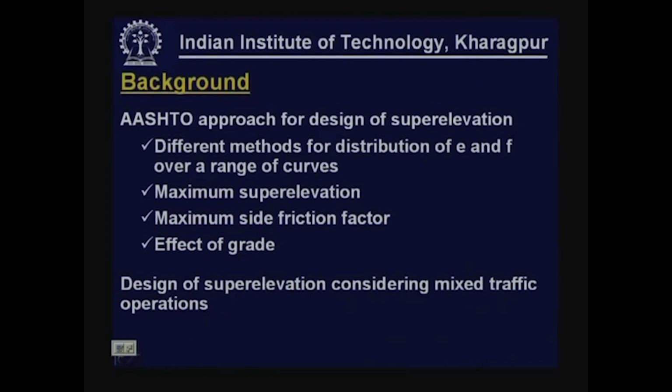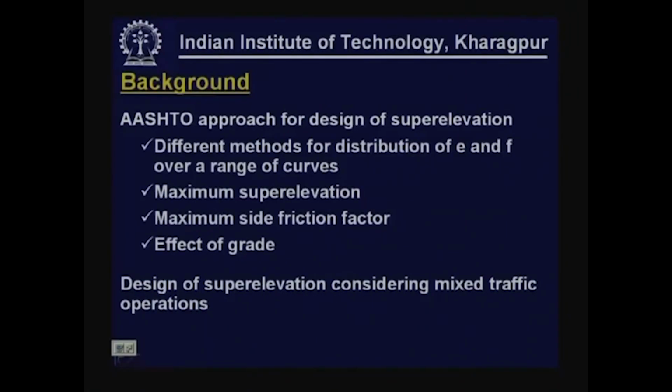We also discussed the maximum super elevation rates prescribed by AASHTO under different conditions, talked about maximum side friction factors depending on the speed level, and also discussed the effect of grade on super elevation design.